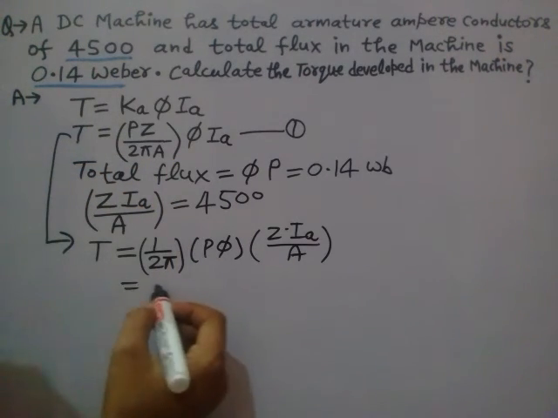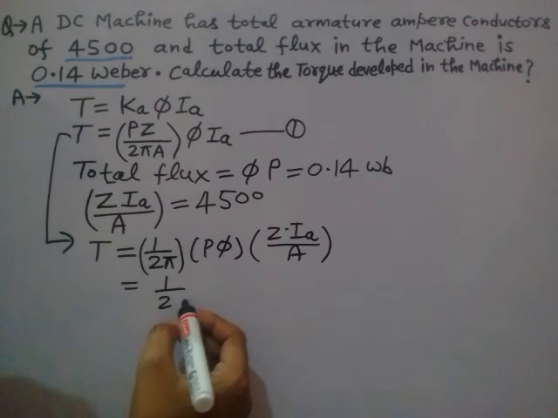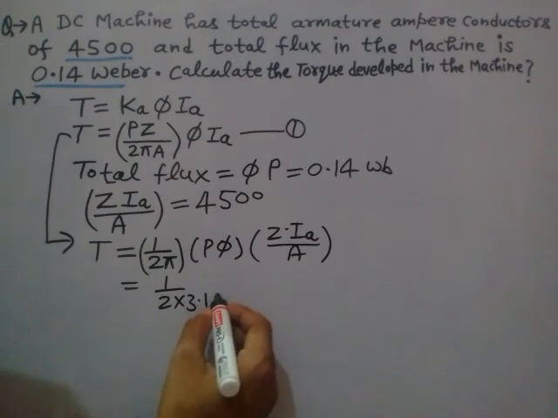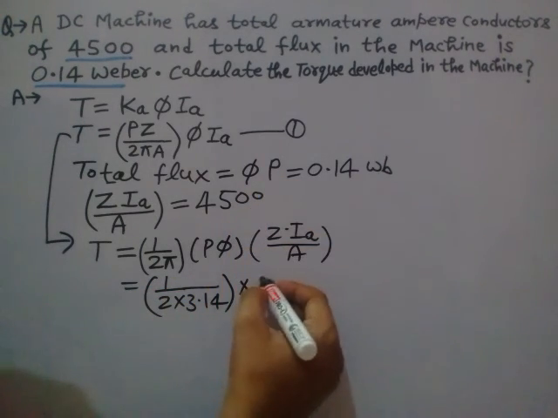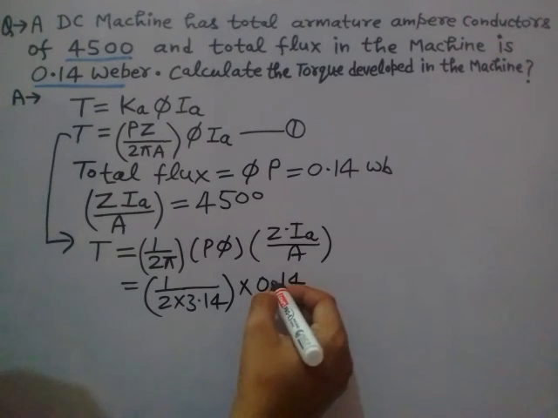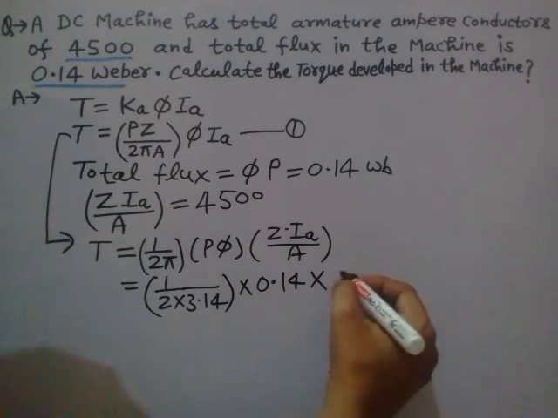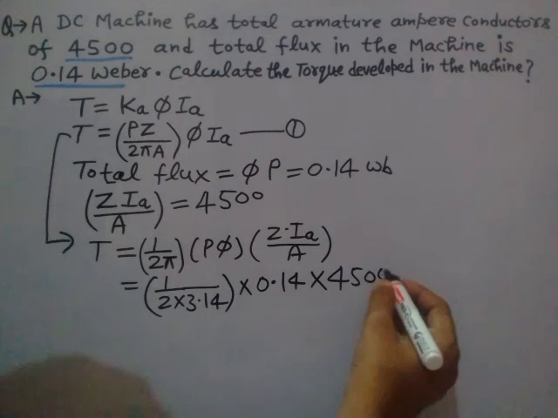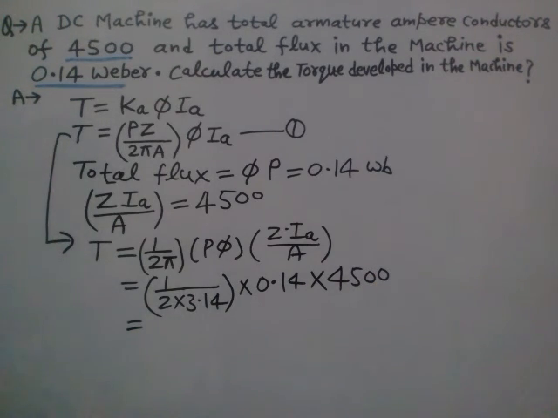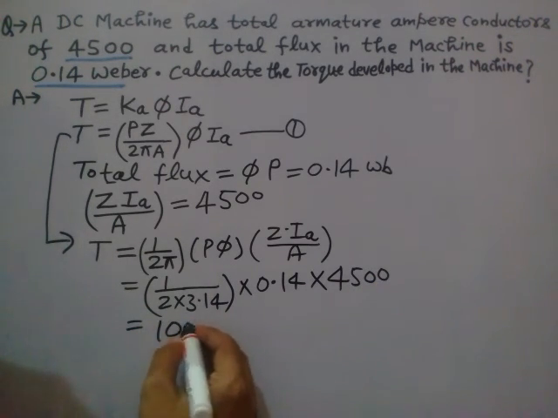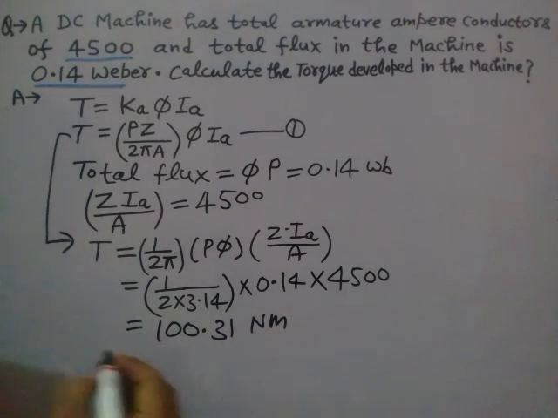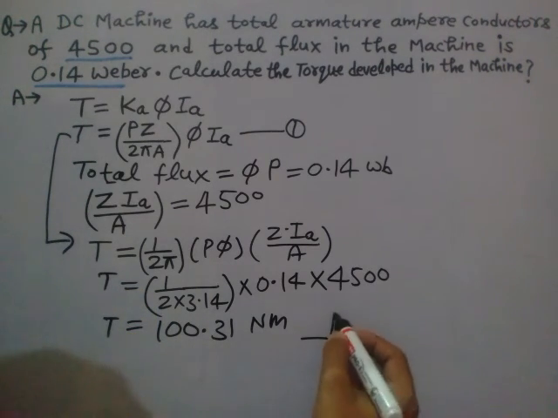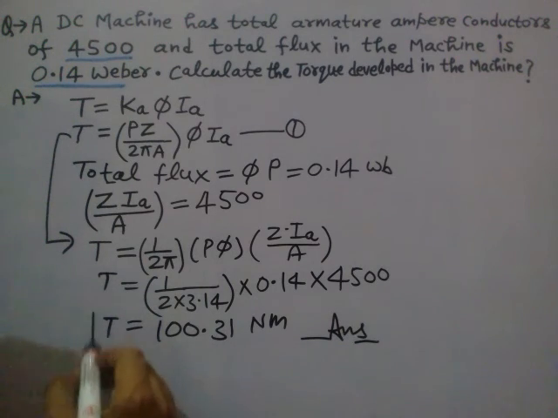So P phi is given as 0.14 Weber and Z Ia by A is given as 4500. So when you solve this, you will get 100.31 Newton meter. So that is basically the torque developed in the machine, and that is the answer.